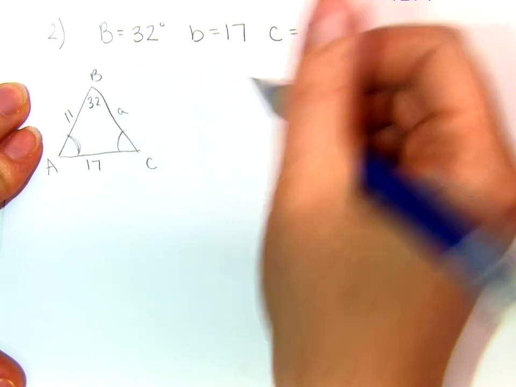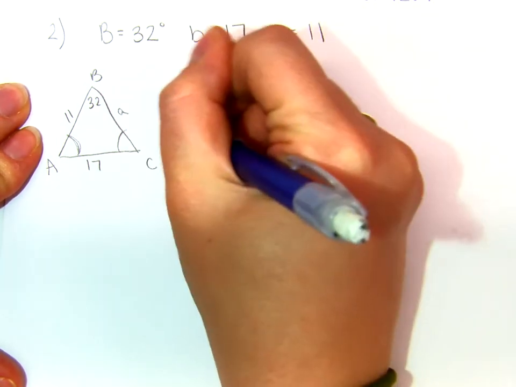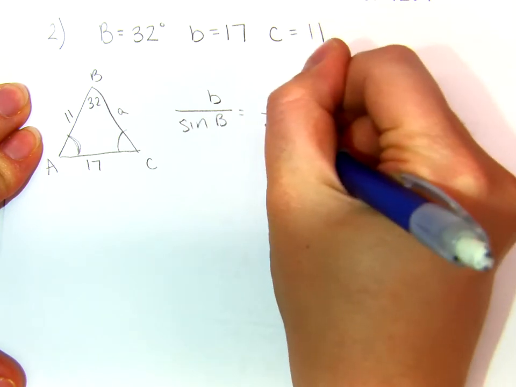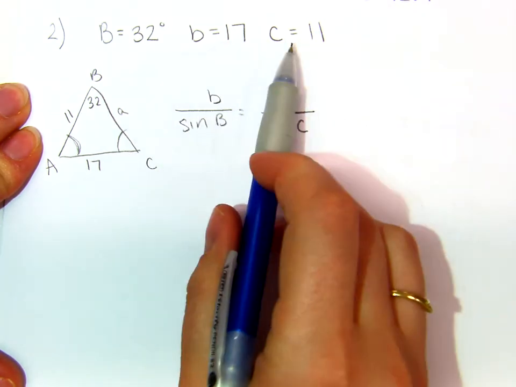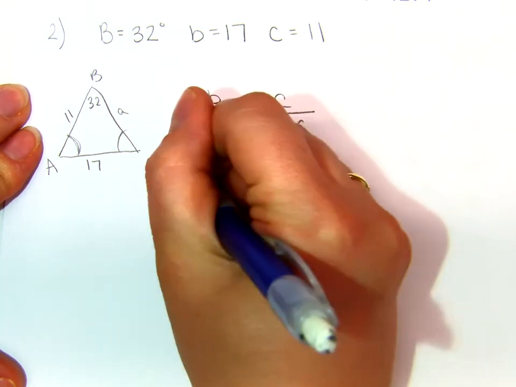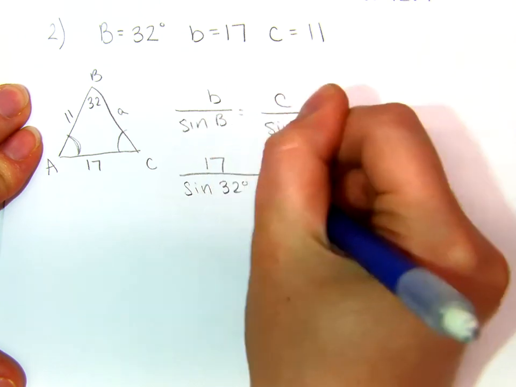So I'm going to use my B and my C proportion. So B over sine B equals C over sine C. Because I know both my B's and I know a C. So if I plug in what I know, side B is 17 and angle B is 32.